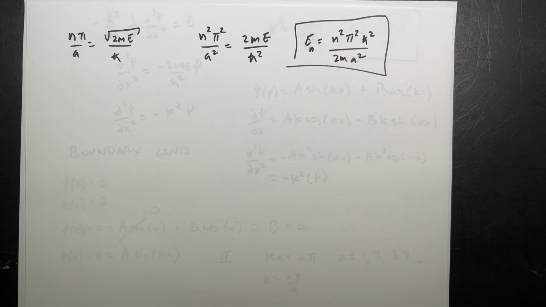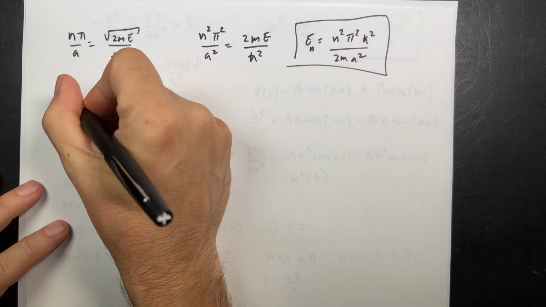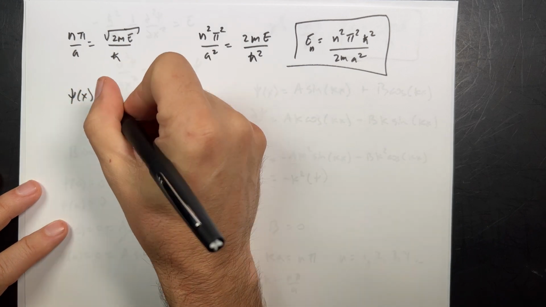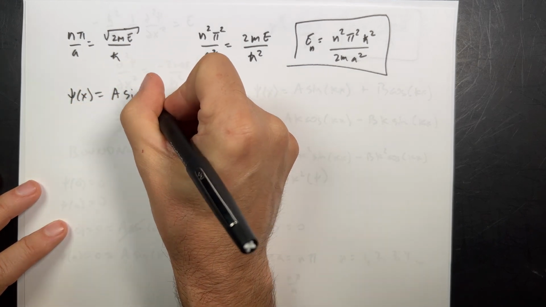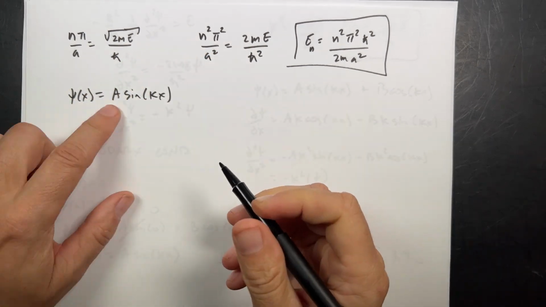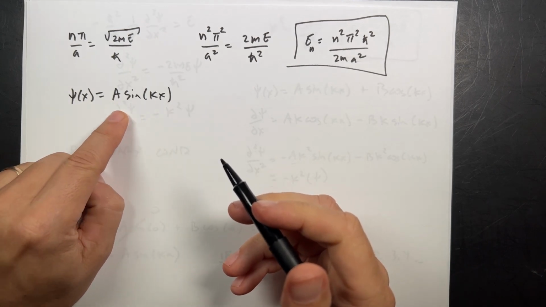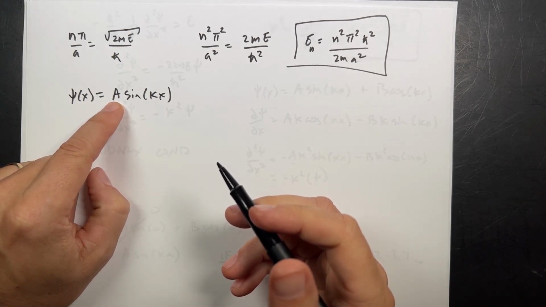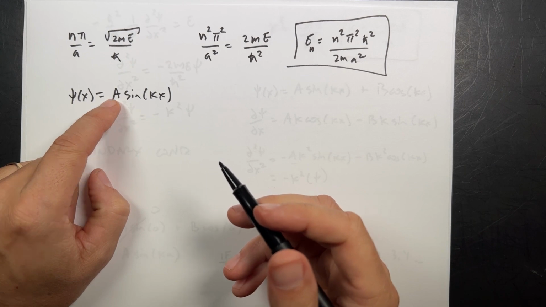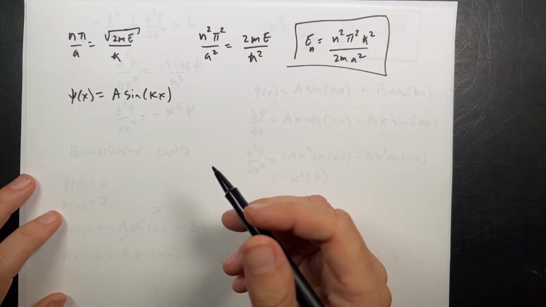Okay, so we have a function, but we still don't know everything, right? Because I have this: psi as a function of x is A sine kx. But I found k, but A could be anything still, because when I take the derivative, it's just still there.